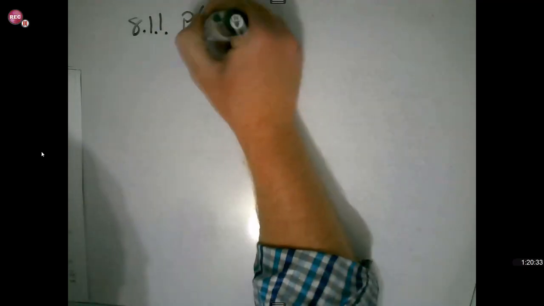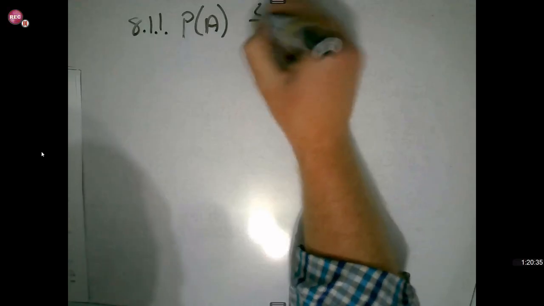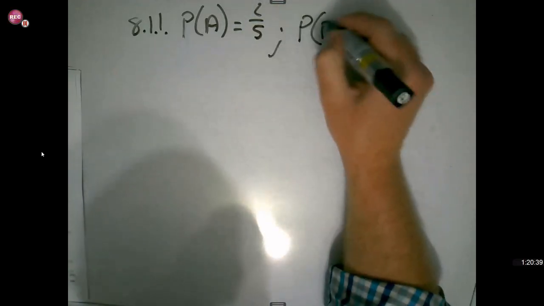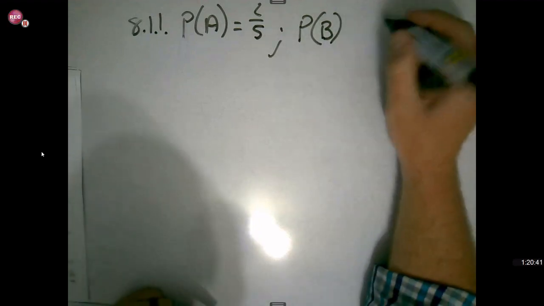Question 8.1.1. In a random physical science experiment, A and B are two different events. It was found that the probability of event A was 2 over 5. They say event B was 3 over 8.